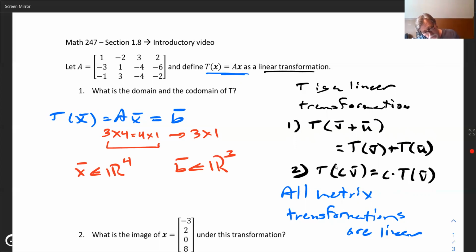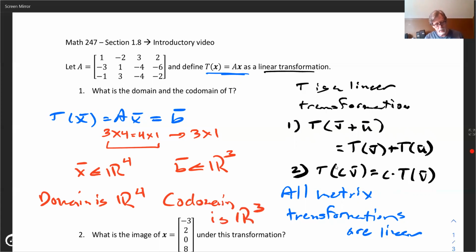So the domain is simply R4, and the codomain is R3. So this particular transformation, where A is a 3 by 4, is going to grab, so to speak, multiply with 4-tuples, and the product on the other side is going to be a 3-tuple, an ordered triple.